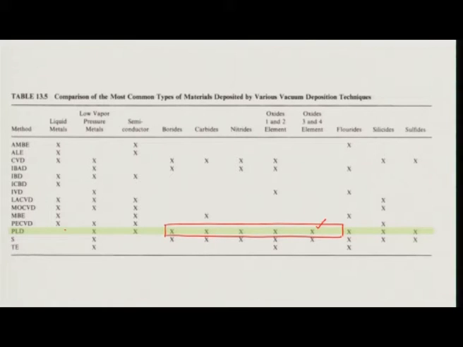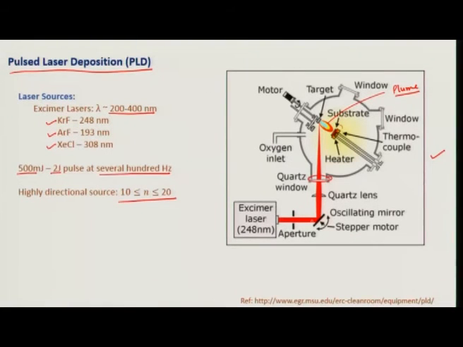And almost all kinds of materials: low vapor pressure metals check, semiconductors check, fluorides, silicides, sulfides check. You can also adjust the stoichiometry of oxides if you want to.